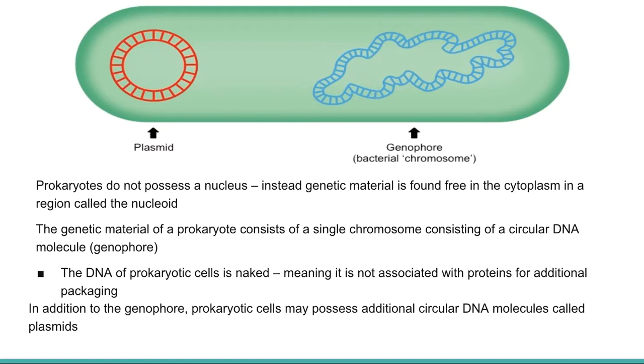And the DNA of a prokaryote is naked, meaning that it is not associated with proteins for any additional packaging. And prokaryotic cells may also possess additional DNA molecules called plasmids, such as in the picture here.